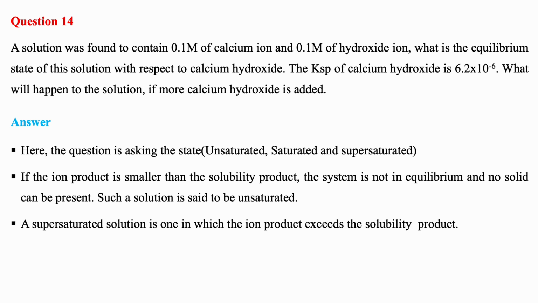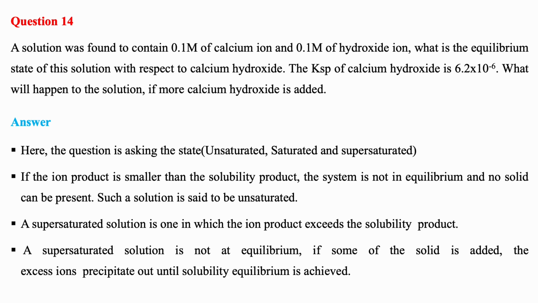When the ionic product is higher than the KSP, in that case we have a supersaturated solution. A supersaturated solution is not at equilibrium. In that case the excess ions will precipitate until the solution reaches equilibrium.